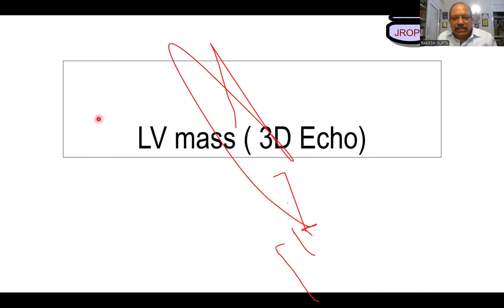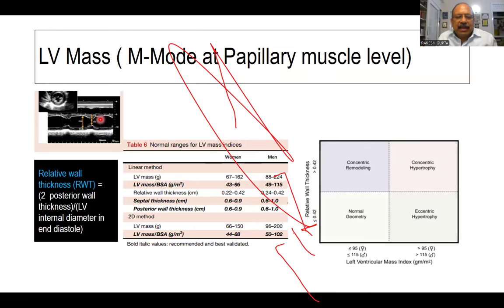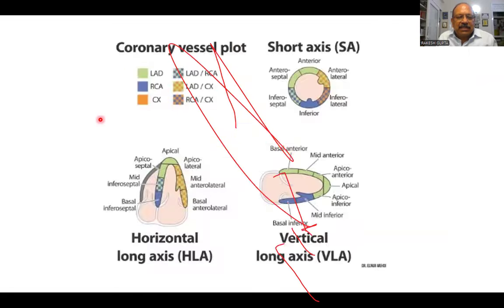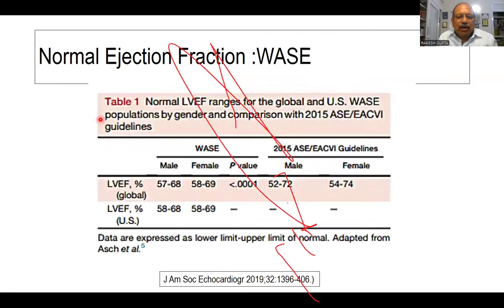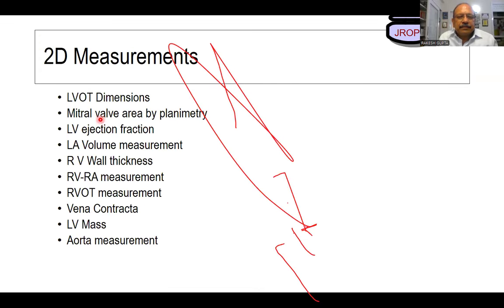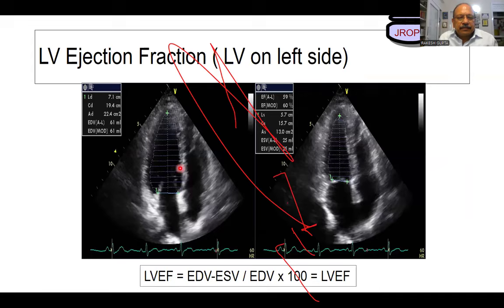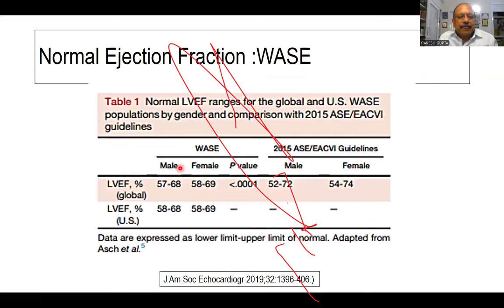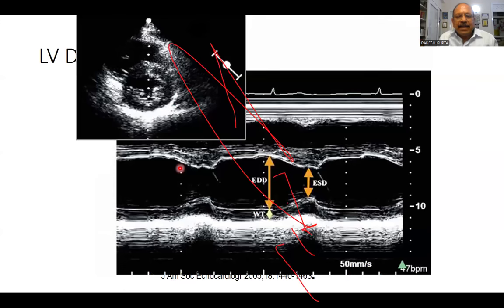The machine also gives me the LV mass at the same time. That LV mass, I plot on this chart. So the machine gives me LV mass automatically when I'm calculating it.